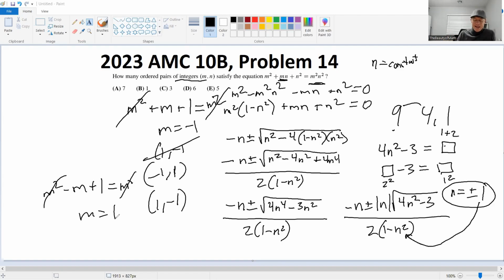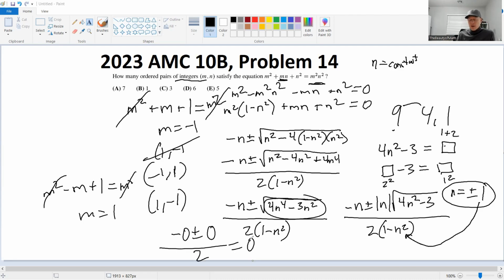You can also, by inspection, at a glance, you might notice another thing that could work in this version is n equals 0, because that would give you a square root of 0. And so you could have negative 0 plus or minus 0 over 2, which really is just 0.